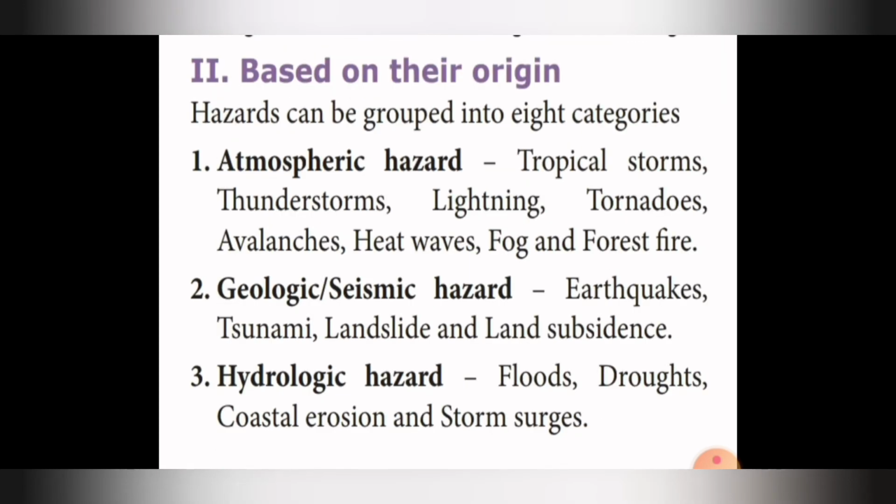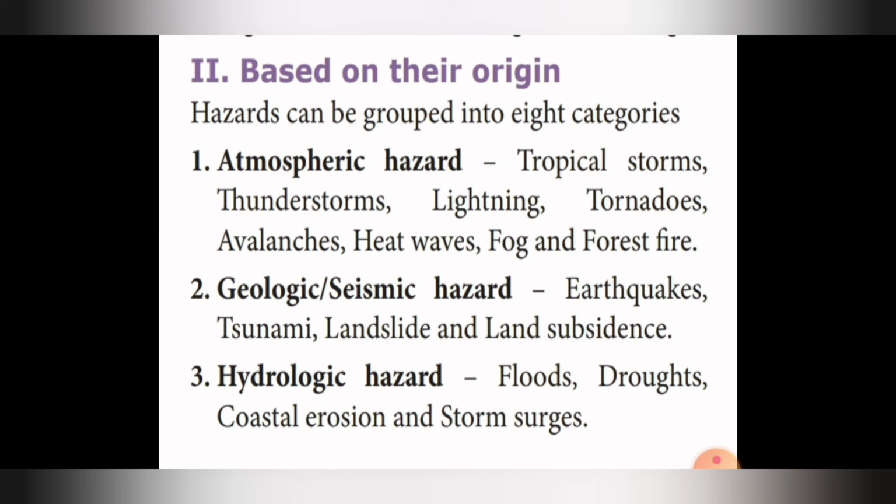Okay, so second one is based on their origin. Based on their origin, we'll see they have given 8 hazards. First one is atmospheric hazards. What is atmospheric hazards? Yes, tropical storms, thunderstorms, lightning, tornadoes, avalanches, heat waves, fog and forest fire are called what? Atmospheric hazard. Second one, geologic or seismic hazard.